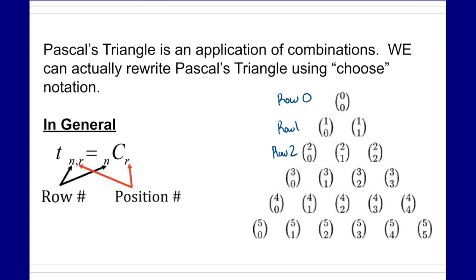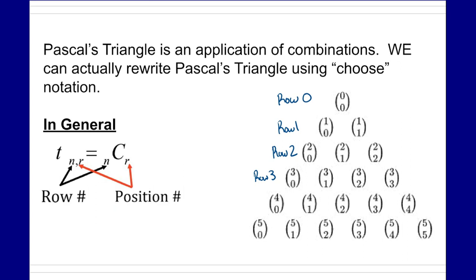So for two objects, I can either choose 0, 1, or 2 of them. For 3 objects, I can choose 0, 1, 2, or 3 of them. Right, so in general, I can use the position numbers and figure out the value just by using combinations.